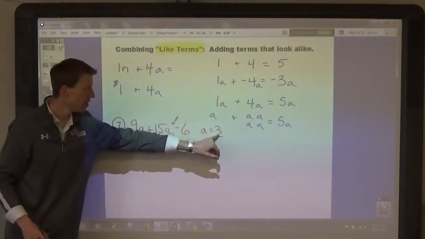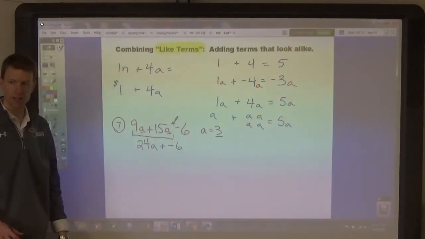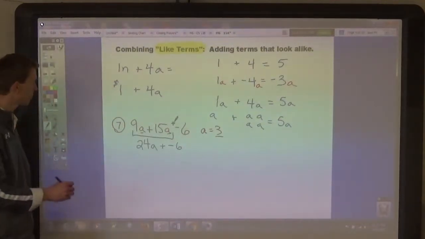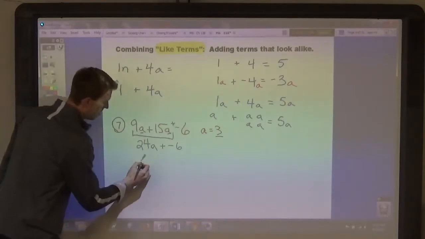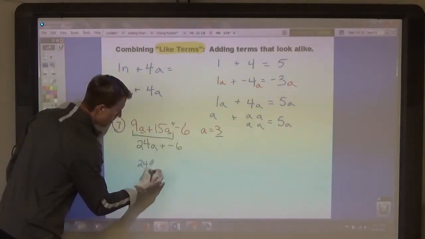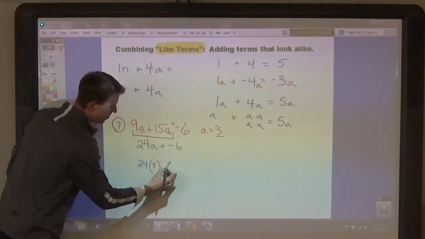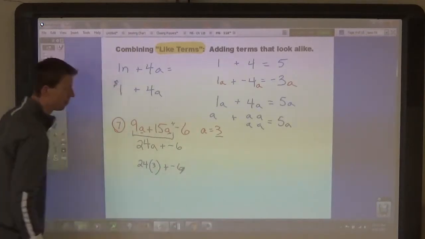So now we can replace the a with 3 and do that. 24 times 3 plus negative 6.